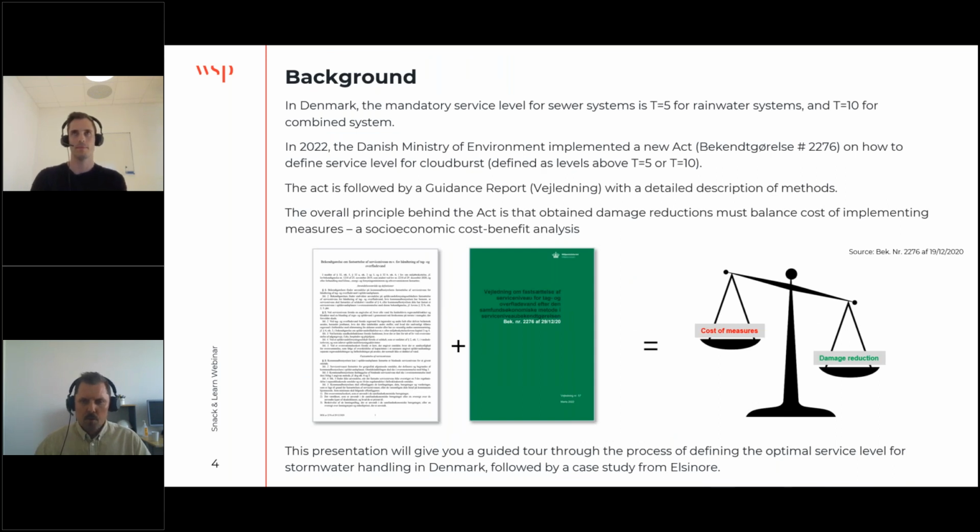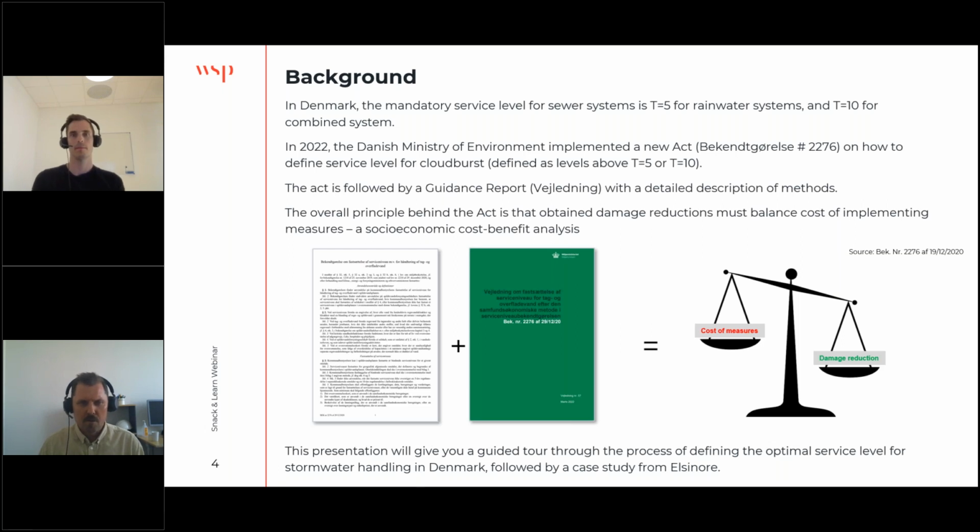Whenever you do a climate adaptation measure or solution, one of the key questions to ask yourself is, to which service level must this solution be dimensioned? That is, which return period should we use for our dimension criteria? And that goes for stormwater handling or for sea defense or whatever kind of climate adaptation measure you are looking at.